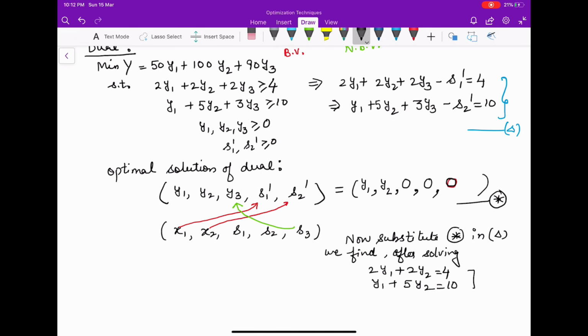So you can simply solve this, and we get y1 is 0 and y2 is 2.